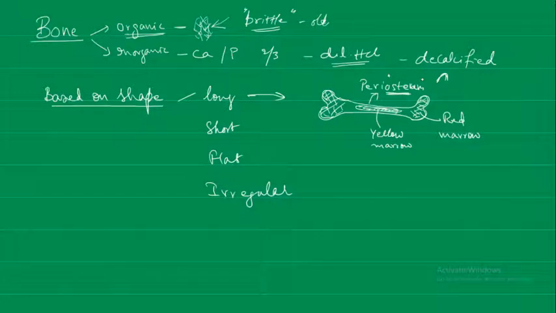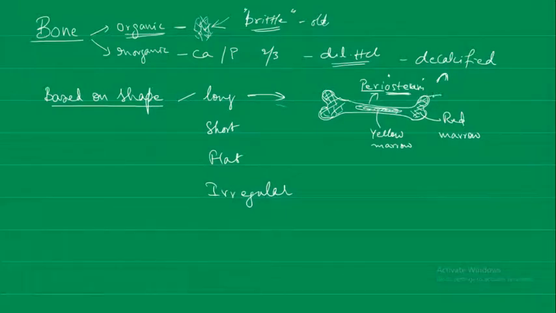Peri means outside, so the periosteum is the membrane on the external surface of the bone, and it has a very good supply of blood vessels. The hollow middle cavity of the bone is filled with the marrow. The yellow marrow has the adipose tissue, and the red marrow produces the RBCs.